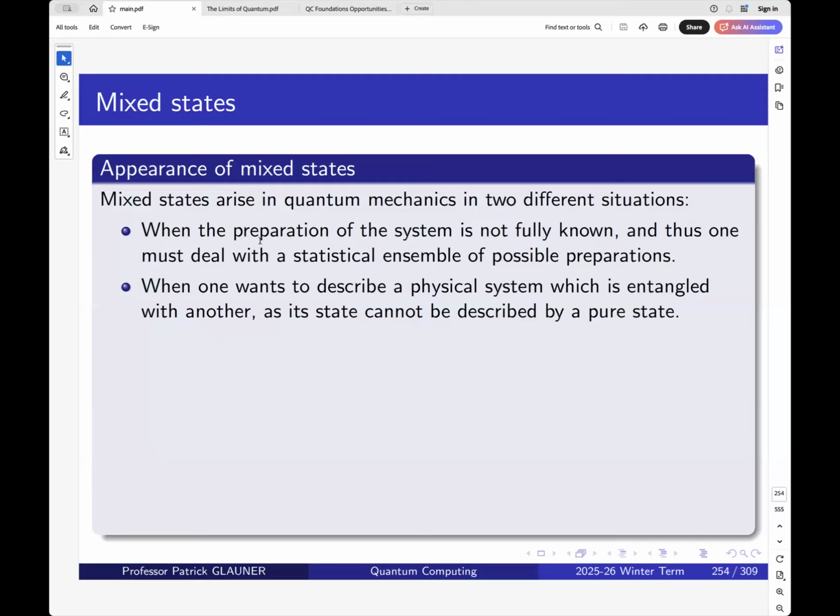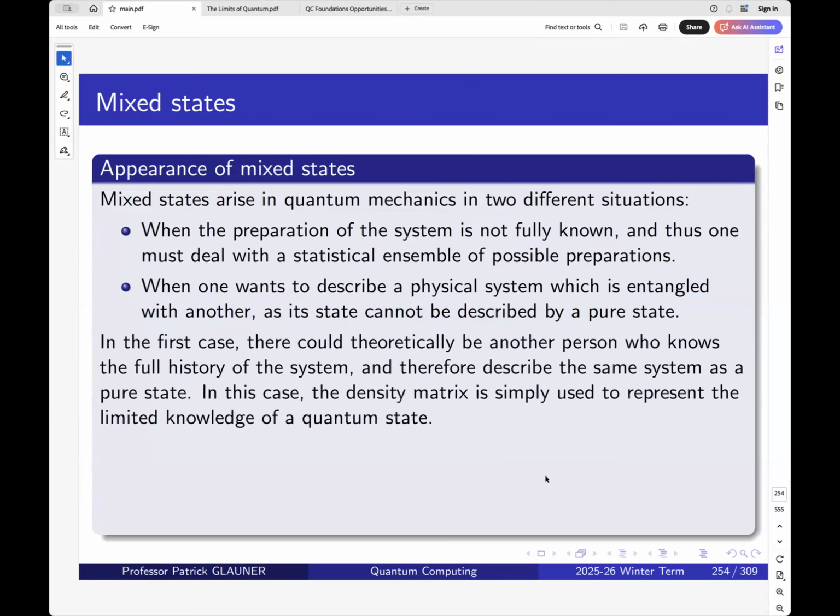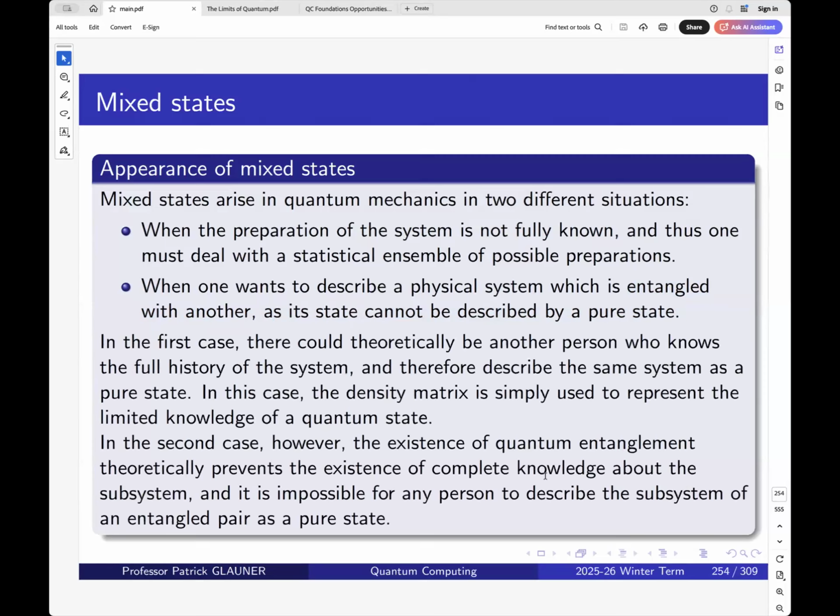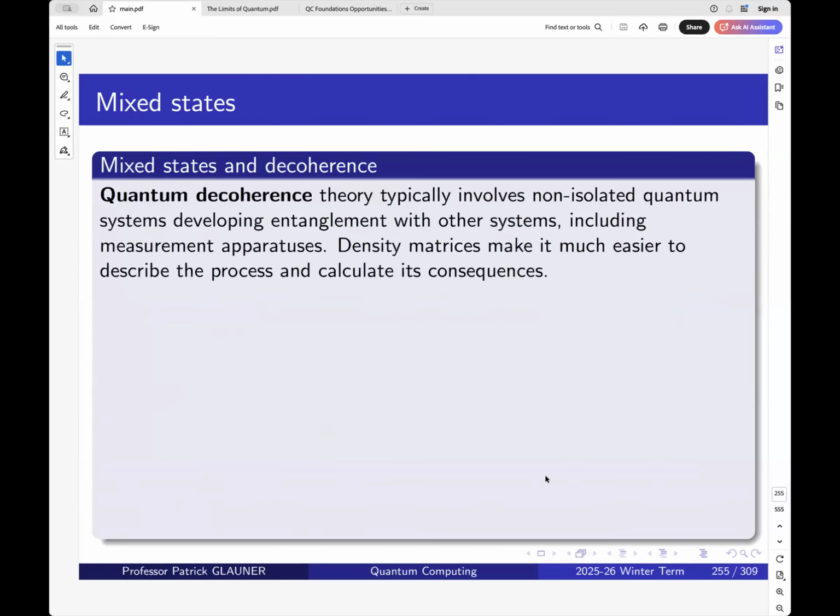But it could also happen that you want to describe a physical system which is entangled with another, because its state cannot be described by a pure state. So there's also a link to entanglement. This is all also related to quantum decoherence.